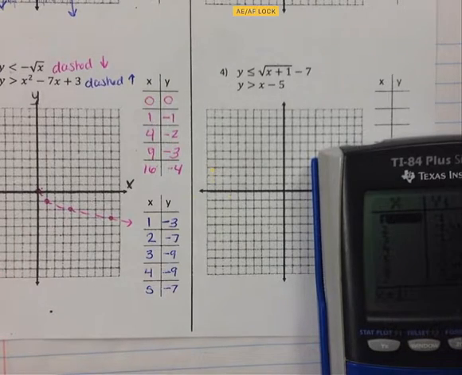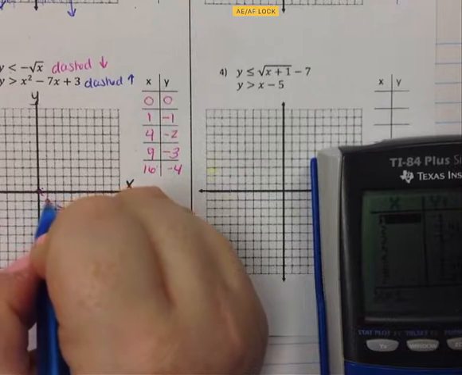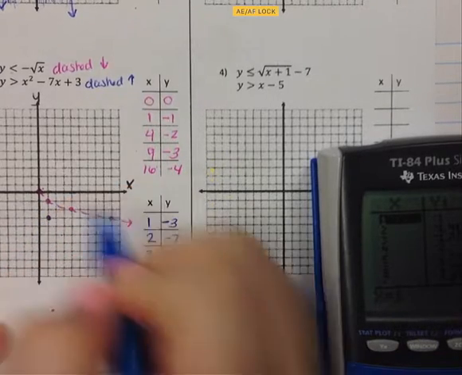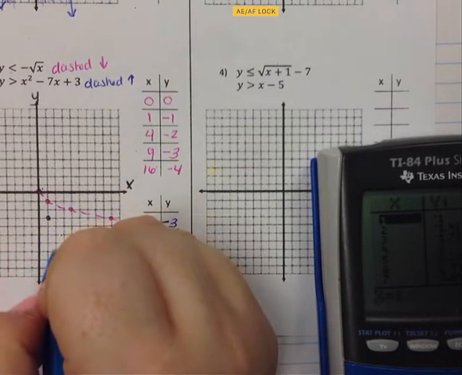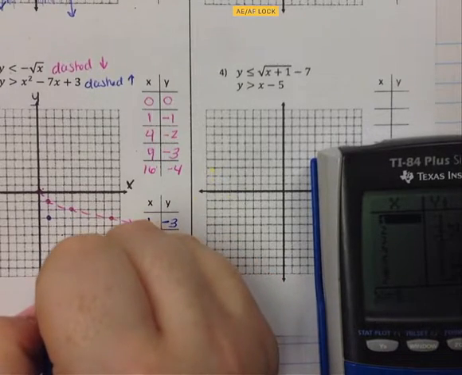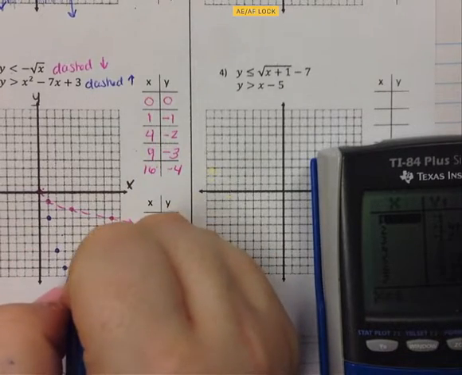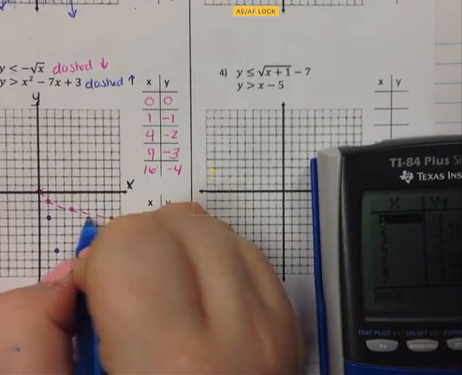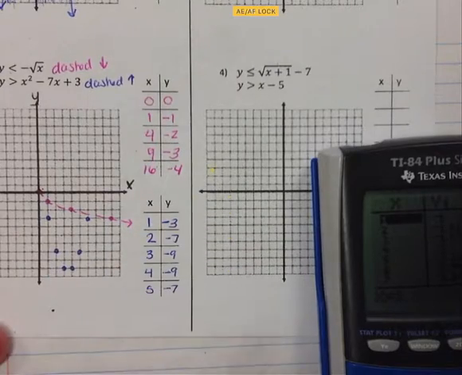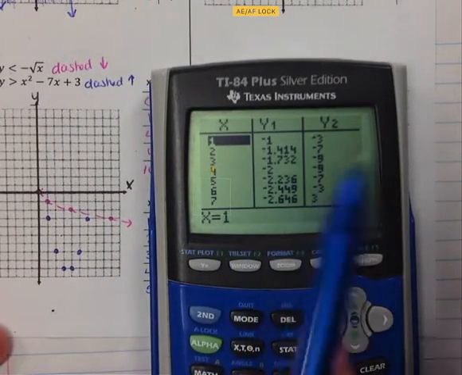Then for the blue, I'm going to do the same thing, so 1, -3, 2, -7, 3, -9, 4, -9, 5, -7, and I can actually go more and do a mirror of that one. Also have it at 7 and +3.